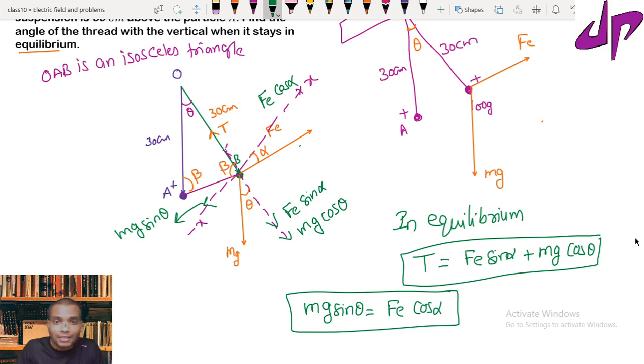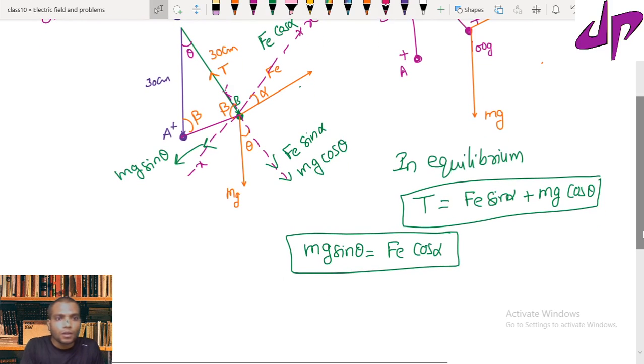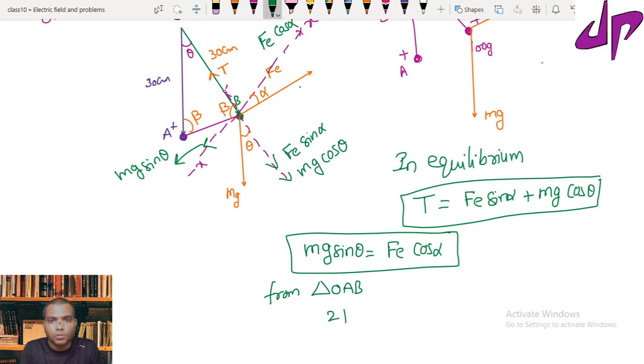So to calculate the angle, from triangle OAB, an isosceles triangle, the sum of the angles 2 beta plus theta equals 180 degree.